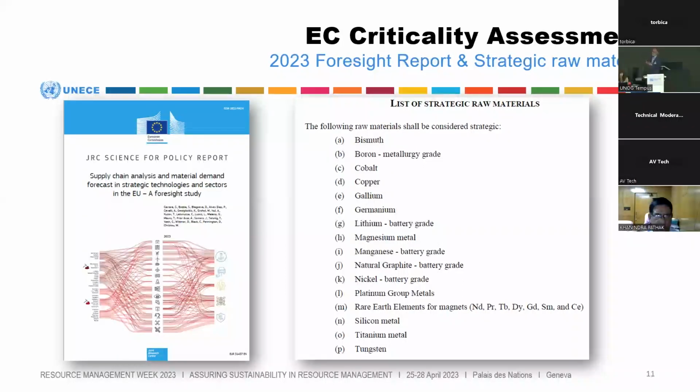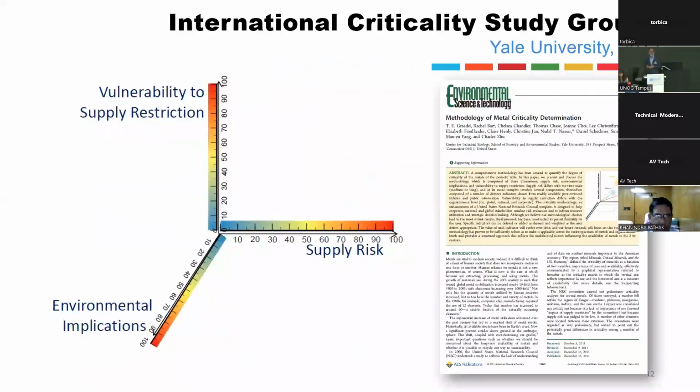This is the connection to one of the JRC reports that have been published together with the 2023 list. And there is a serious concern about the possibility to expand supply. So this is something that we might connect to the first slide, a screening and then a more detailed assessment on something more specific.